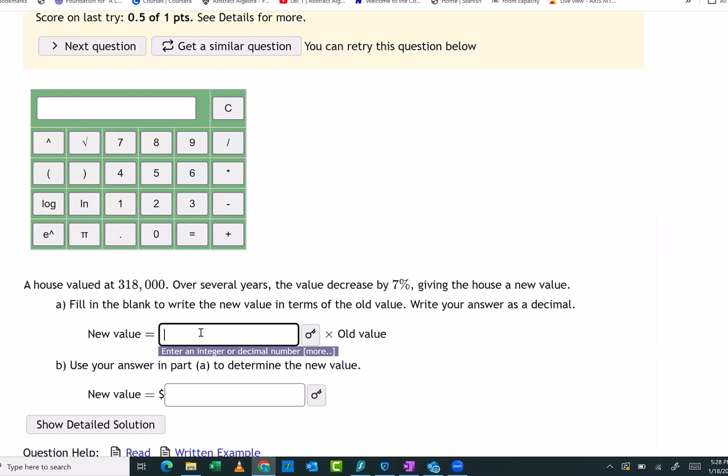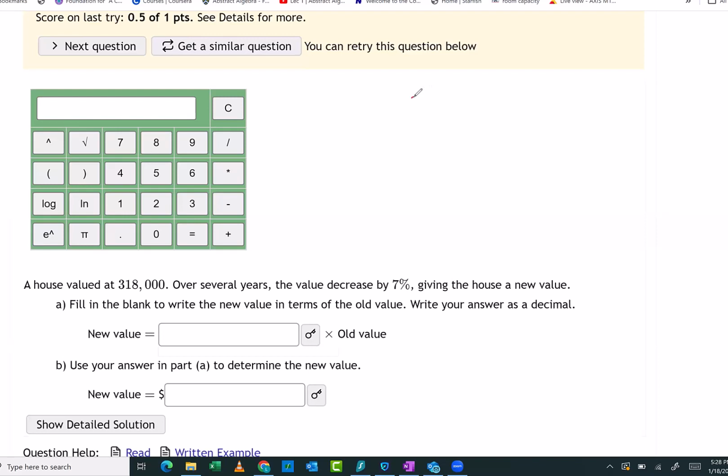A house valued at $318,000. Over several years, the value decreased by 7%, giving the house a new value. Let's start off with deciding how we're going to find 7% of the value of the house. Well, we know that 7% is the same as 0.07 in decimal.